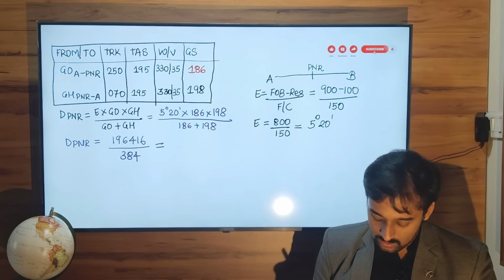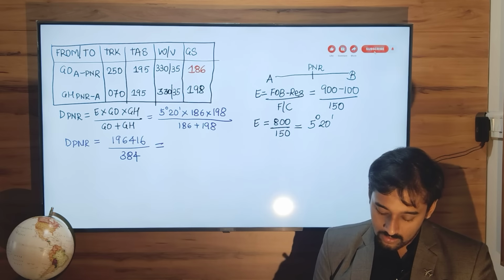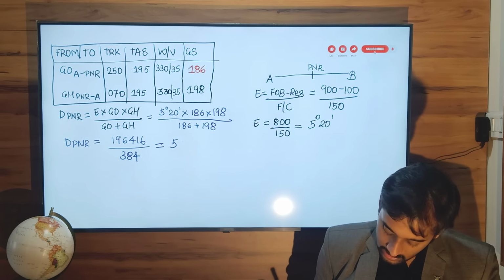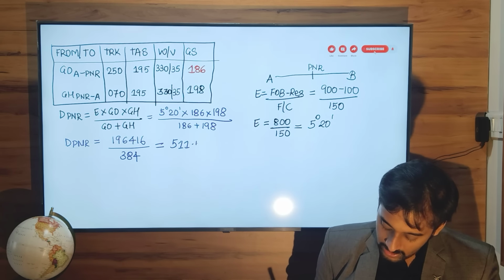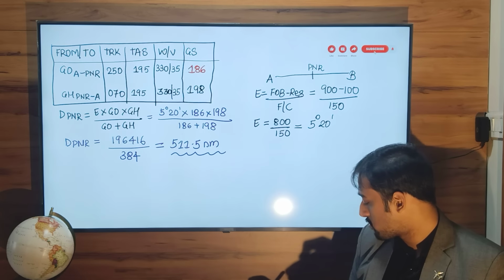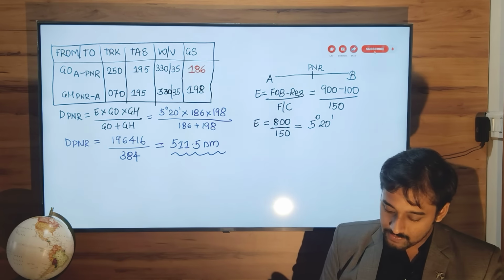When you divide that by 384, you get your answer in 511.5 nautical miles. So that is your distance to PNR, 511.5 nautical miles.